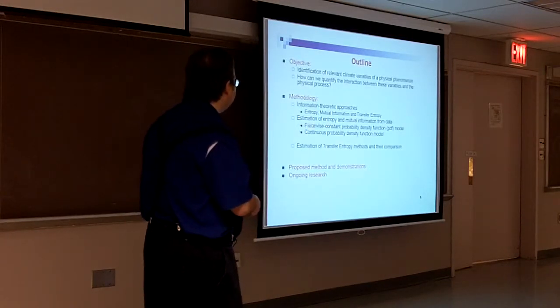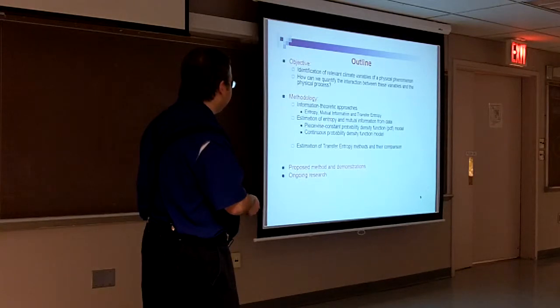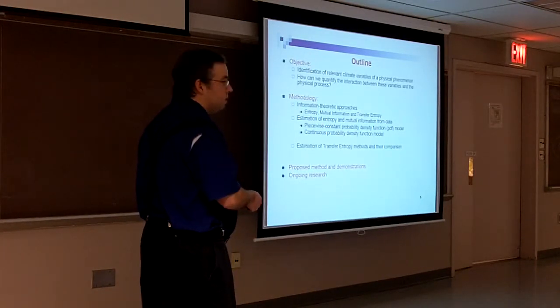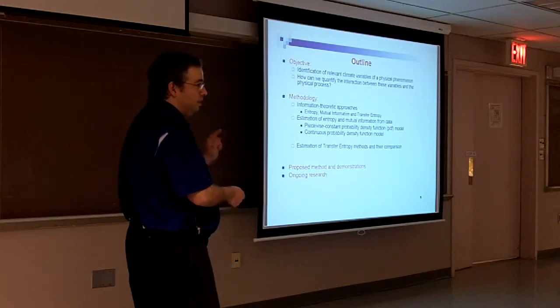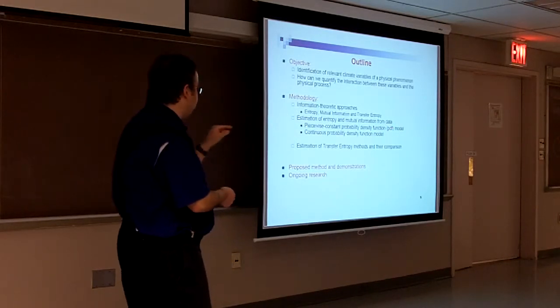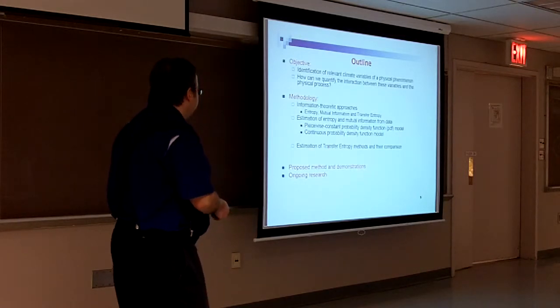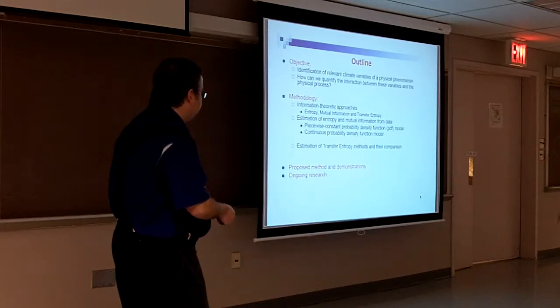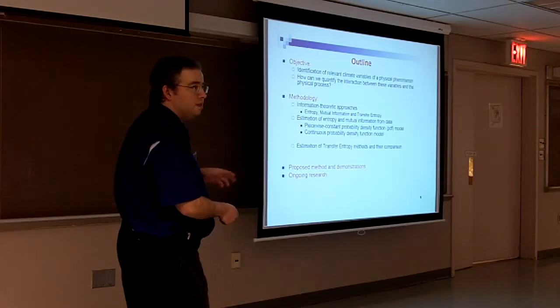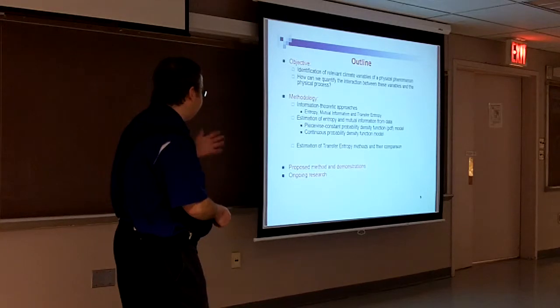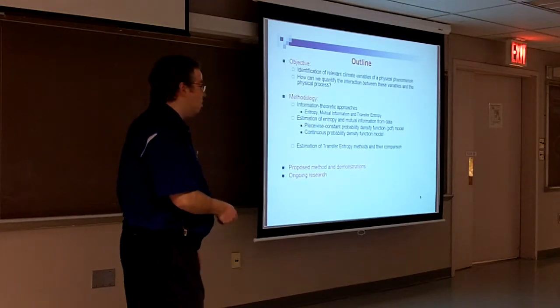Then I'll give you two methods which we developed to estimate the entropy and mutual information, but not the transfer entropy. Then I'll go into the transfer entropy in a more detailed section. Next I'll show you the simulations, and then tell you about our ongoing research right now.